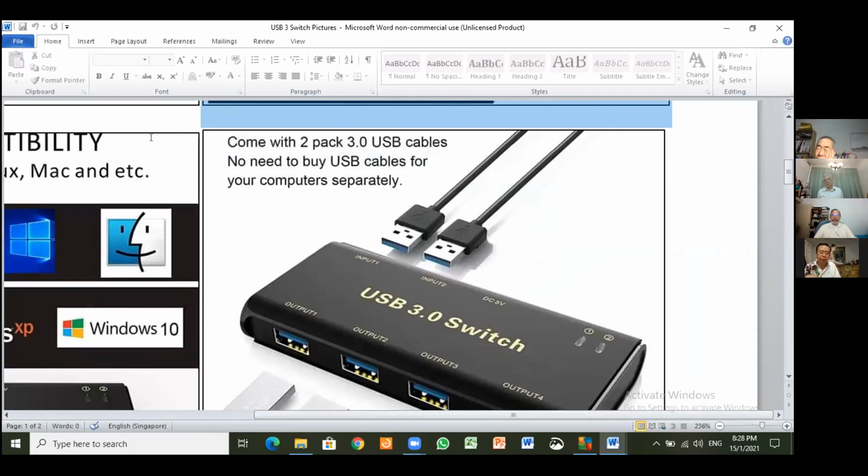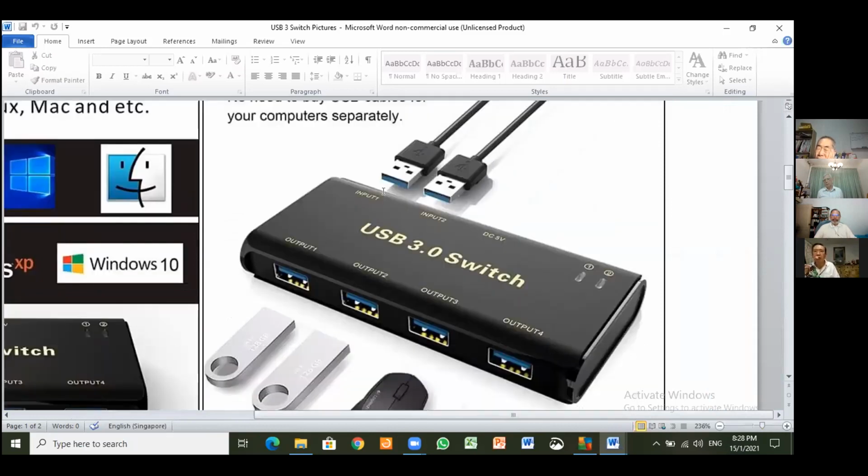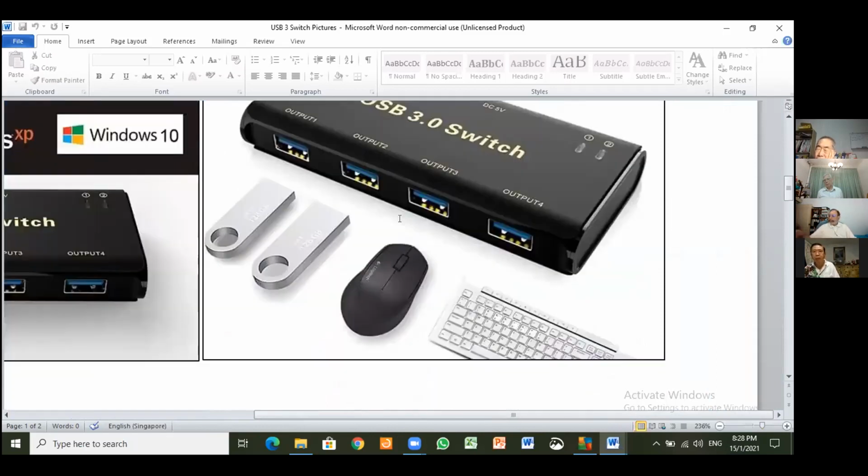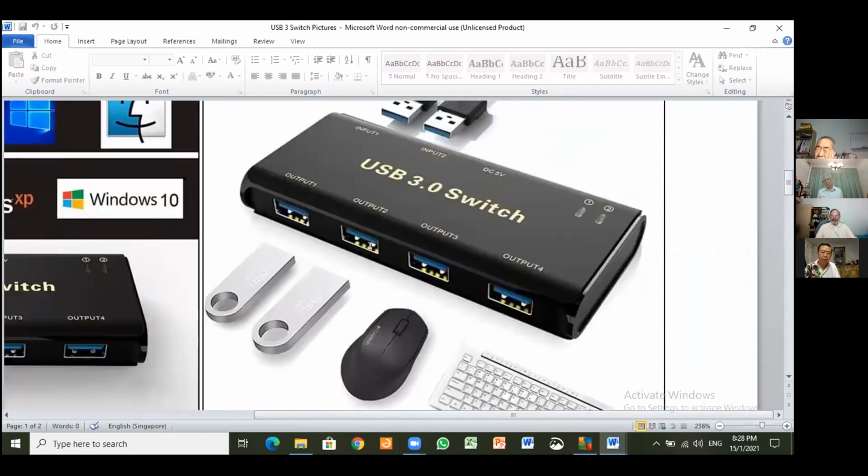This device actually comes with two 3.0 USB cables, so no need to buy cables separately for the PCs. I think it's not important. But this picture shows that you have one mouse, one keyboard, and can connect two thumb drives. Having switch one or switch two, you notice this is an indicating light.